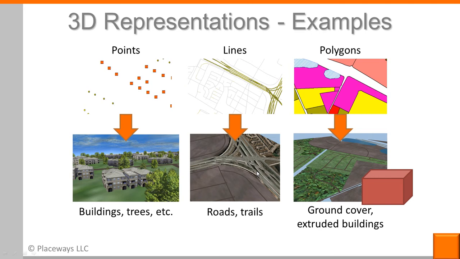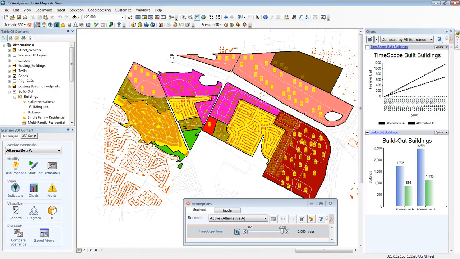And polygons on the map either turn into ground cover like lawns or parking lots, or into extruded buildings, that is a footprint that's been pulled upwards. The process of creating a 3D scene is essentially going through every layer in your analysis and telling the tool how you want that 2D to 3D transformation to occur.